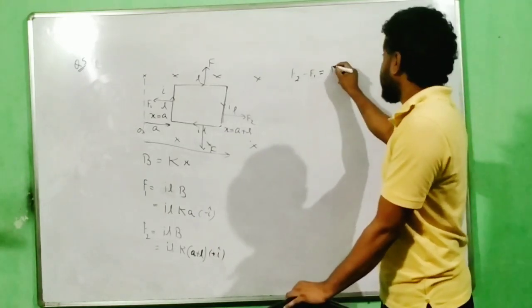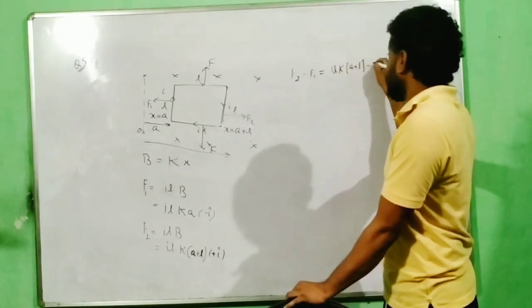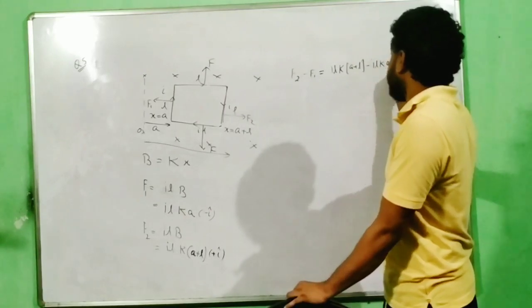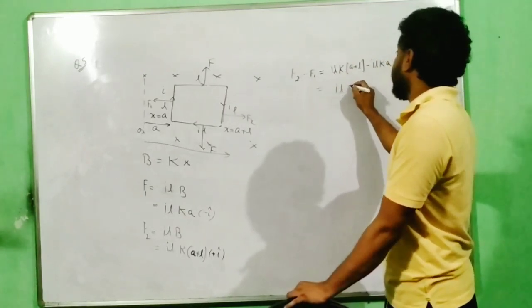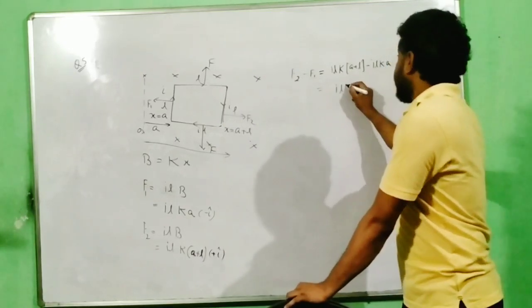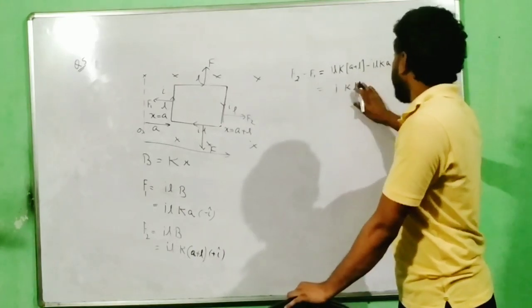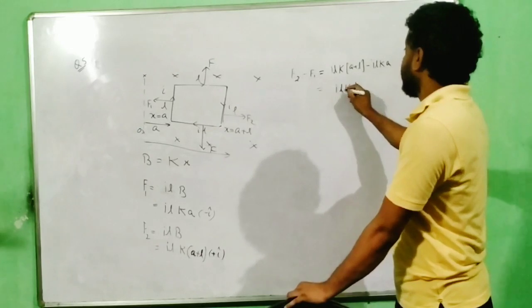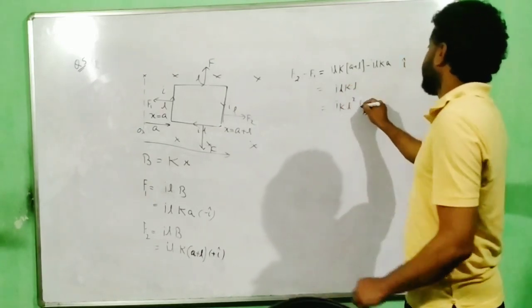So I will get I L K into A plus L minus I L K into A. I L K into A and I L K into A will get cancelled out, so you will get I L into K into L, and that is equal to I K times of L square. Direction plus.